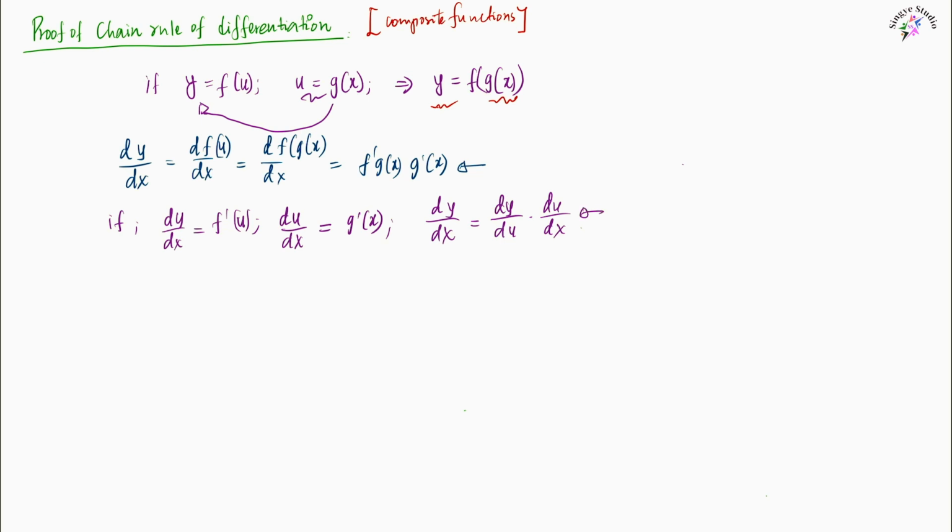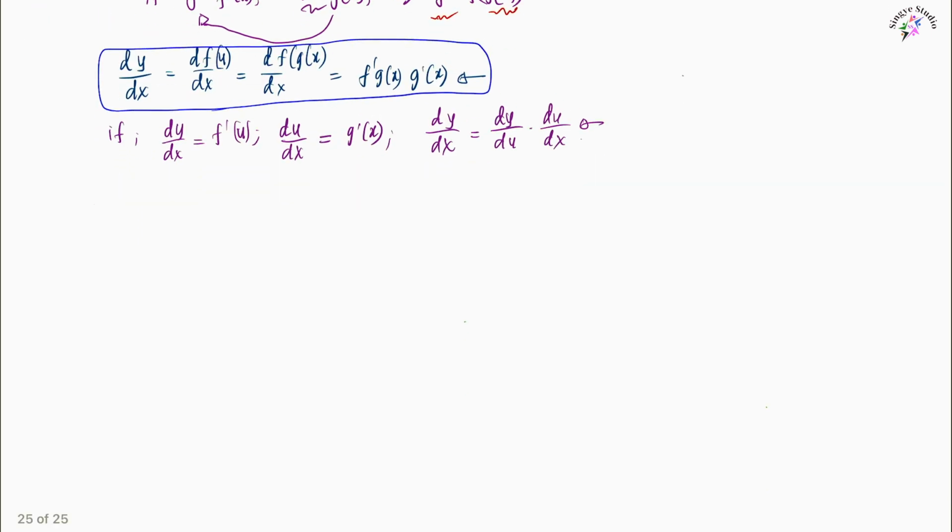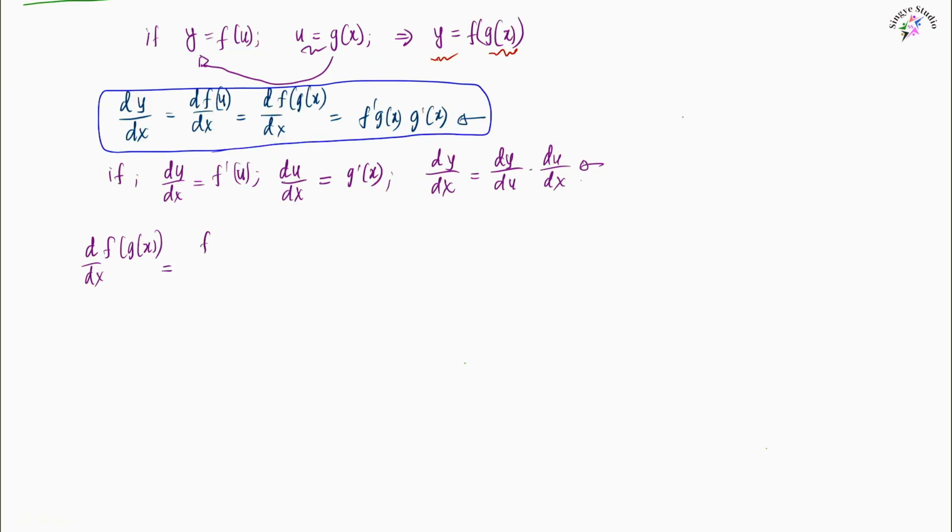Now let us prove this rule using the limit definition of the derivative, or the first principle. The derivative of f of g of x can be written as the limit as h tends to 0 of f of g of x plus h minus f of g of x, divided by h.